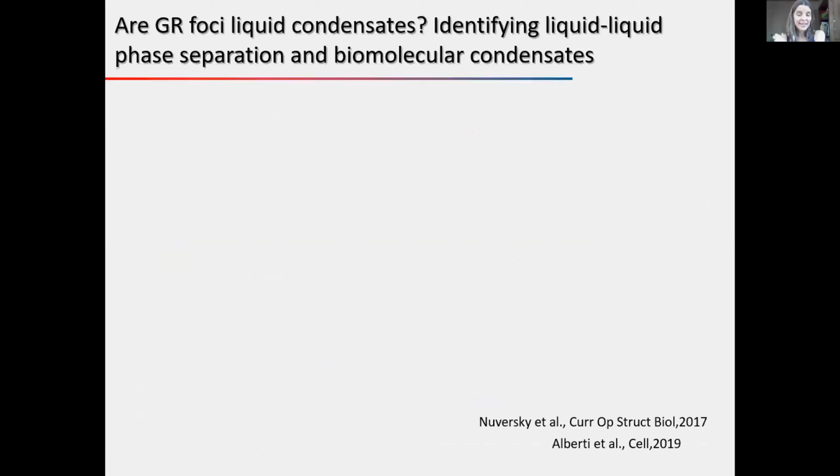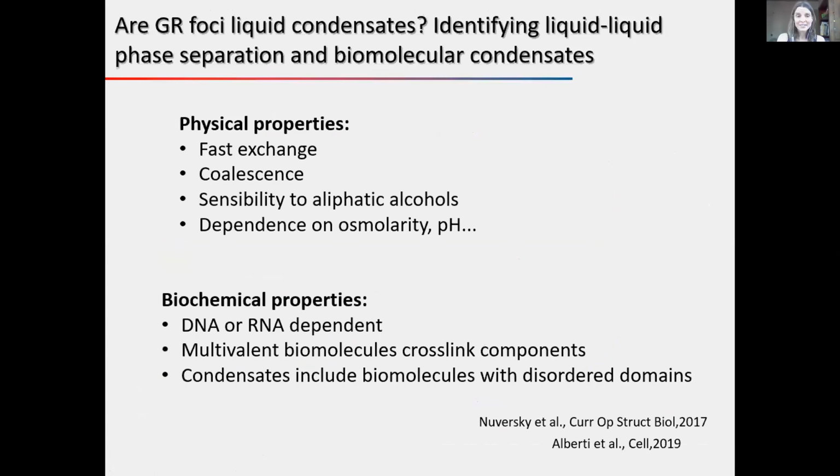So the next question was, are GR foci liquid condensates? Can we identify that? In the literature, there is not a single experiment that can say, this is a liquid condensate. Instead, condensates are characterized by different physical and biochemical properties.